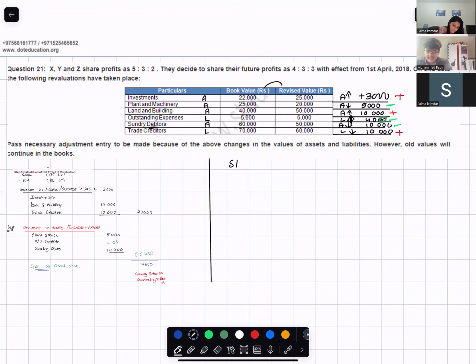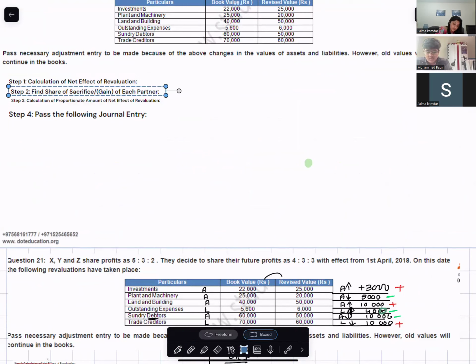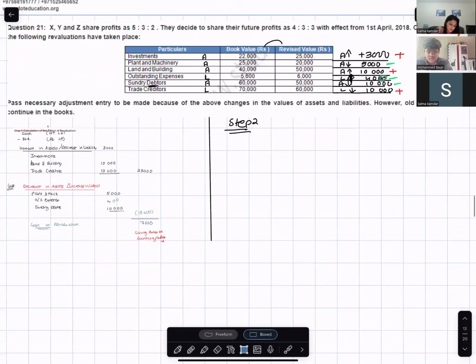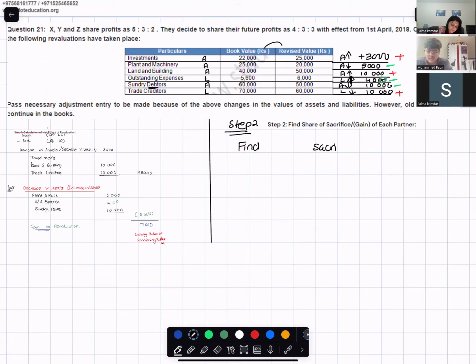Okay. So, step number two, I have to find out what share of sacrifice or gain of each partner. So, for this, what will I do? I will first take the sacrificing or gain ratio. Okay.